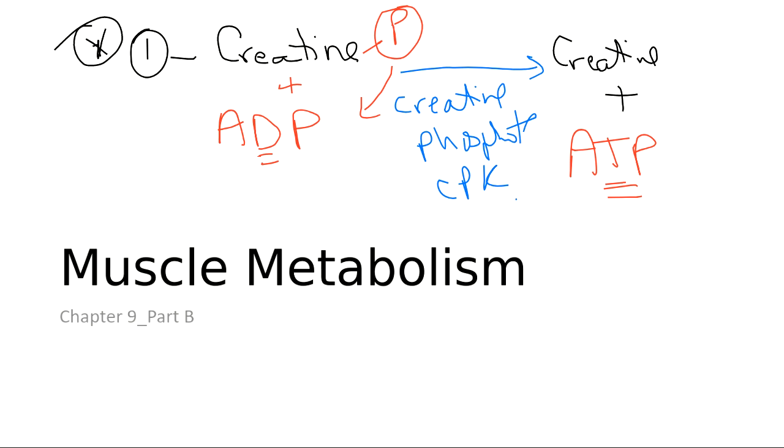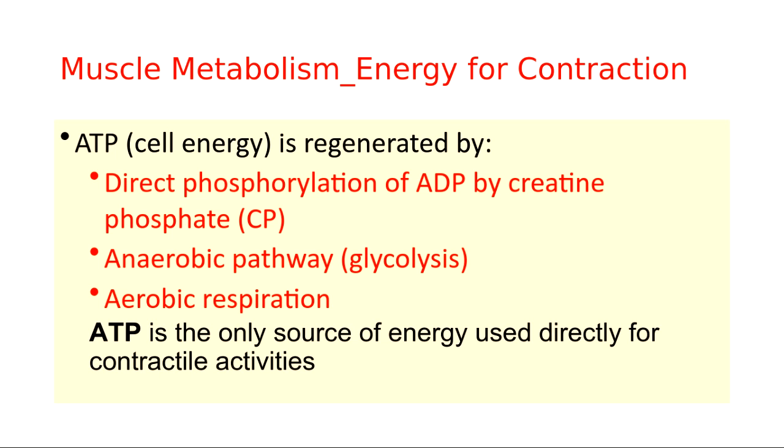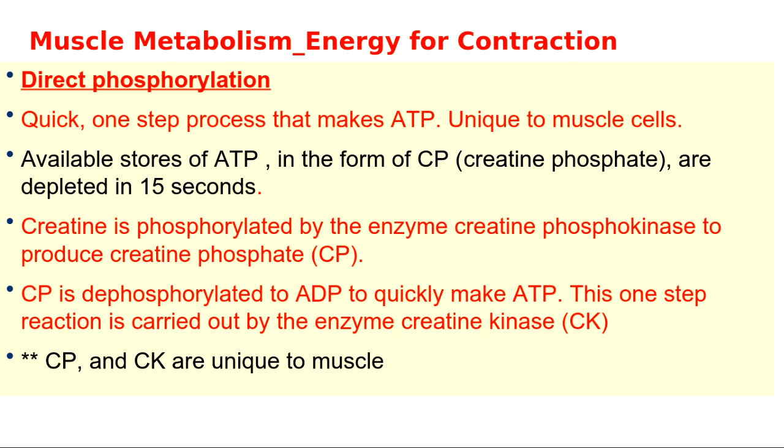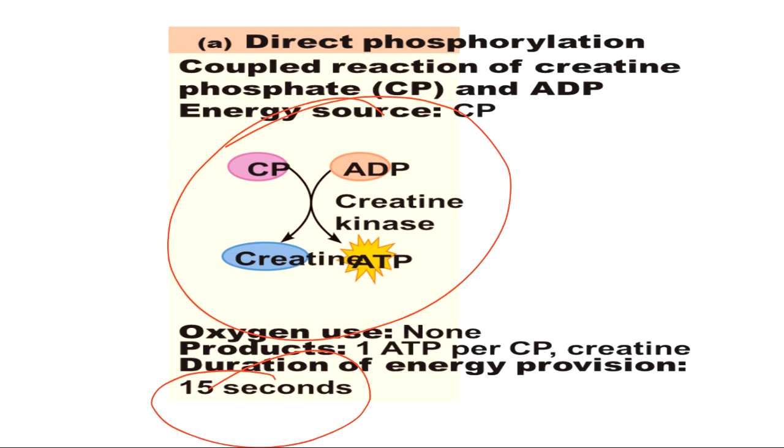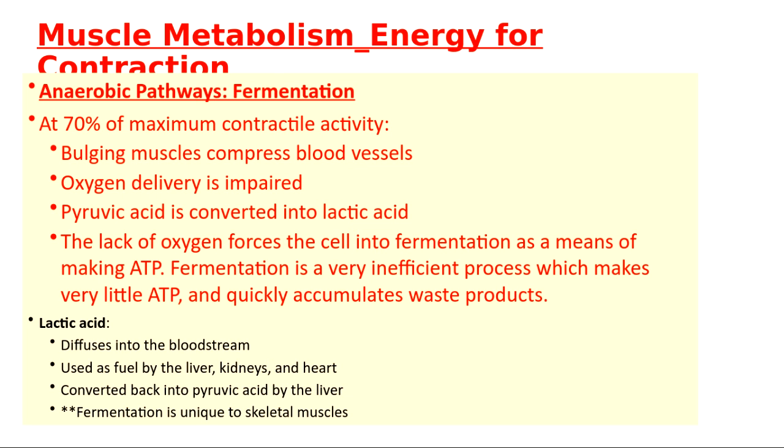And this is a one-step mechanism to make ATP. Very, very quick. So that's unique to skeletal muscle. It's called direct phosphorylation, and you can see it here. So this makes enough energy to keep us going for about 15 seconds, which is not very long, but still.